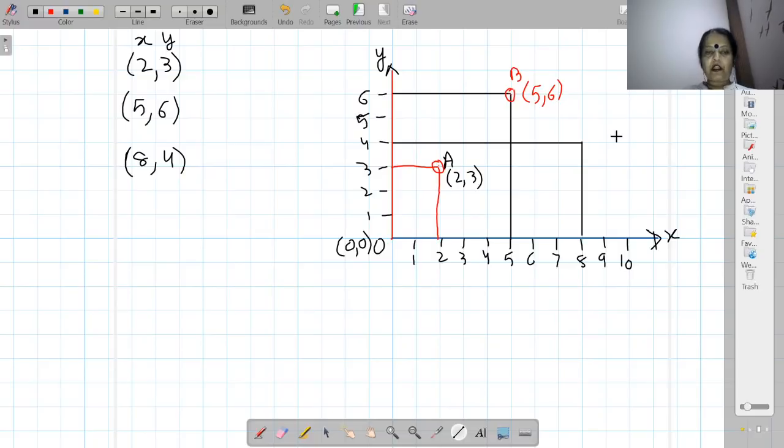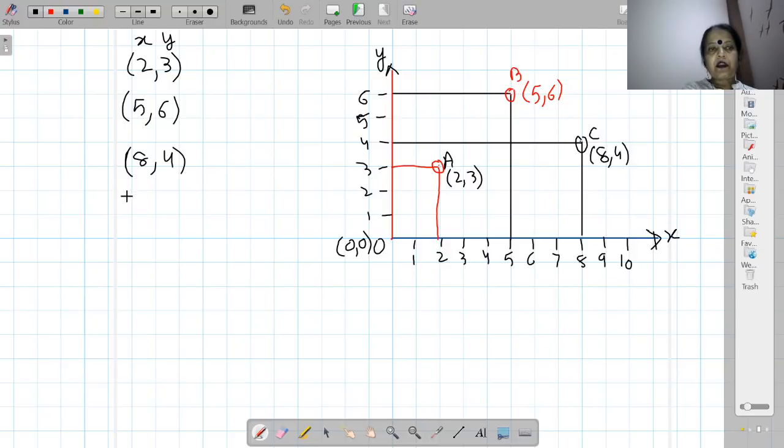And this point you will encircle it and name it as C, and this coordinate will be 8 and 4. Okay, I think you can judge.